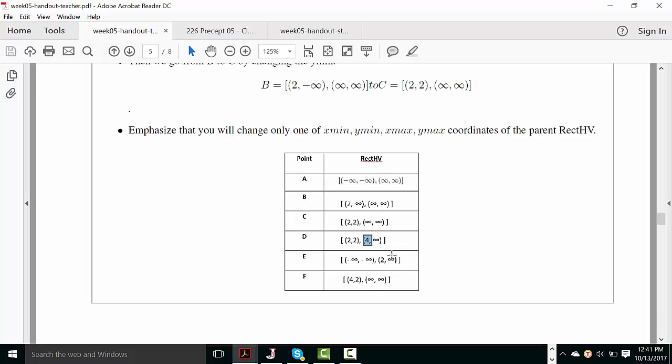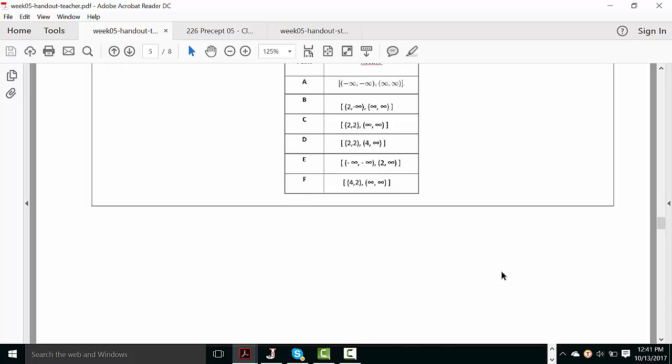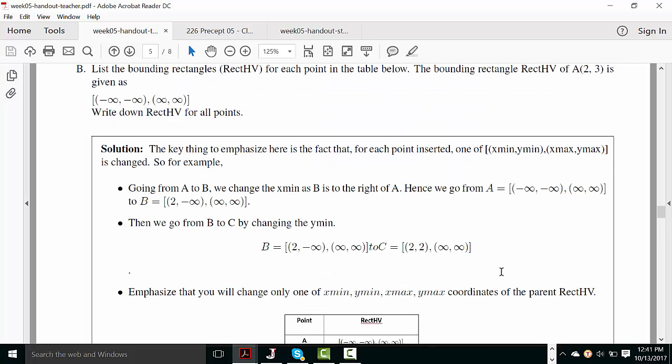All right. So I think the idea here is that you only change one coordinate when you're going from left to the right. So as a rule, you can remember the following. If you go to the right of a node, and if your comparison is the x comparison, you change x min. If you go to the left of a node, and if your comparison is the x comparison, you change the x max.